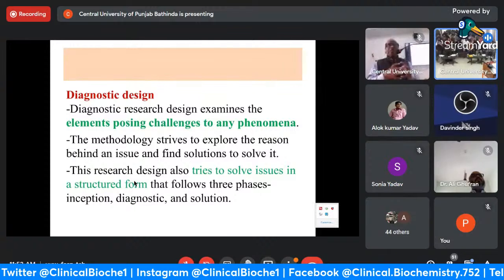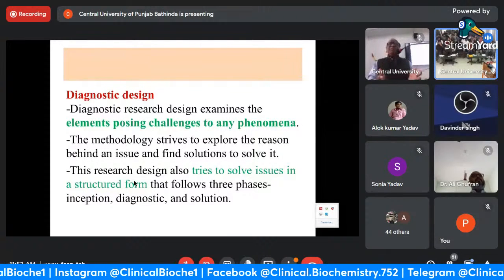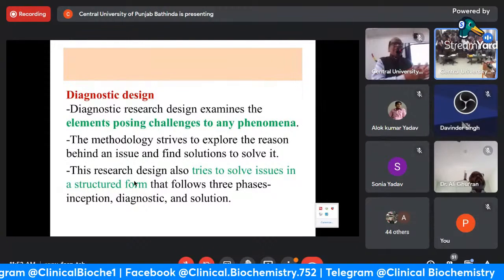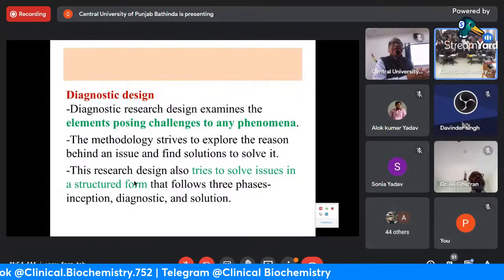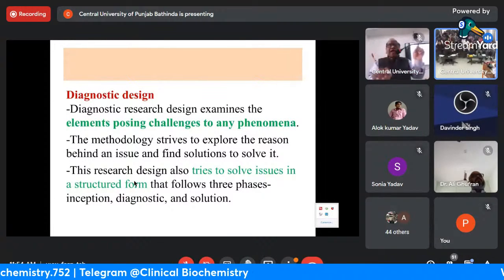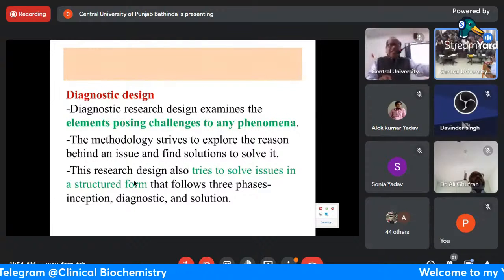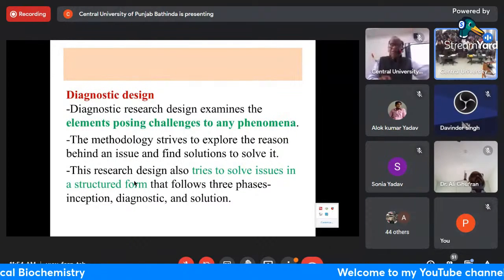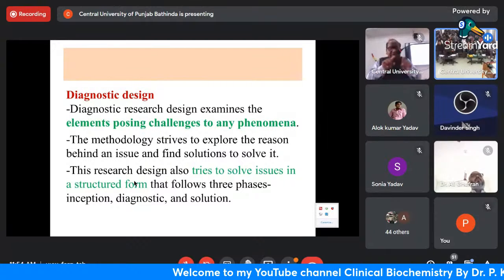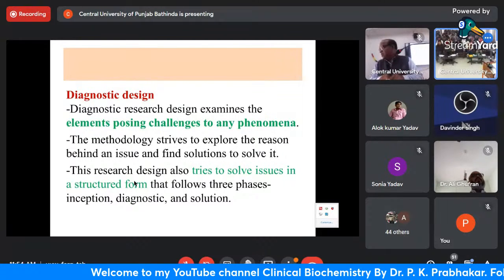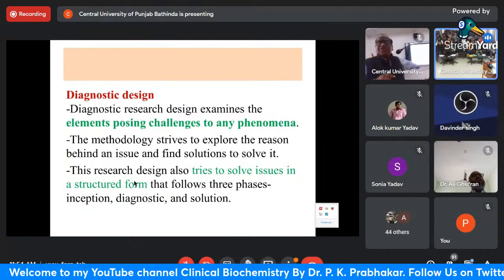So identify the problem. That is your inception. What are the fundamental characteristics of that particular problem? Defining the problem, identifying the problem, understanding the nature of the problem, understanding the persons who are suffering from the problem. These are the preliminary aspects that make up your inception.